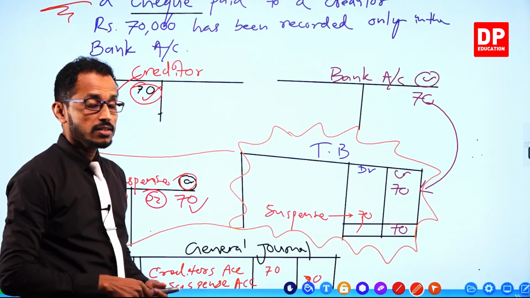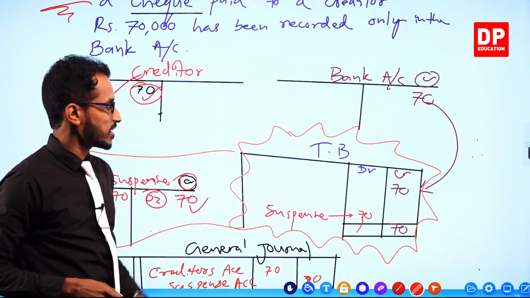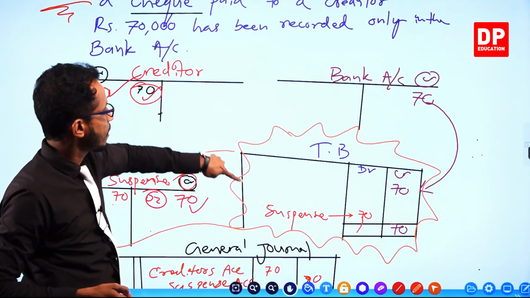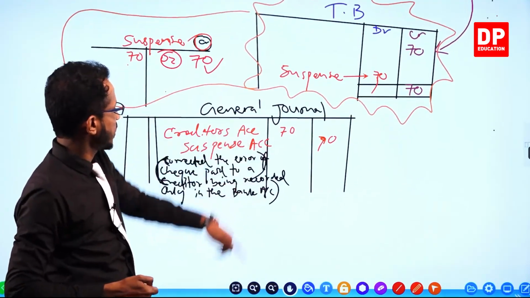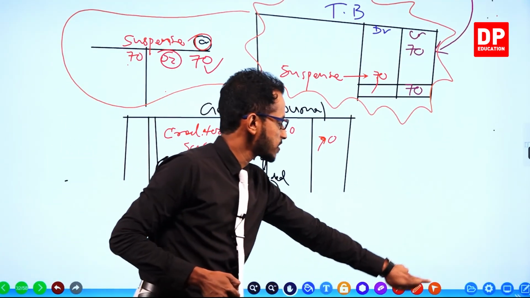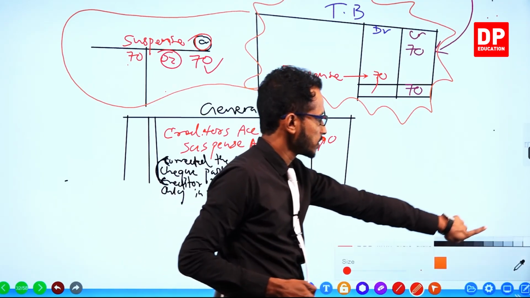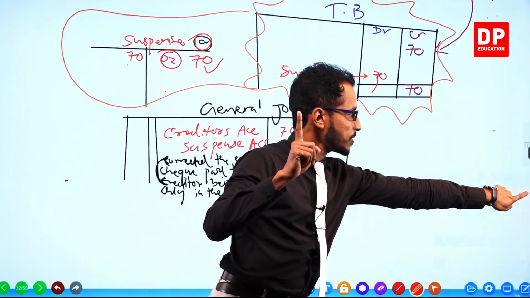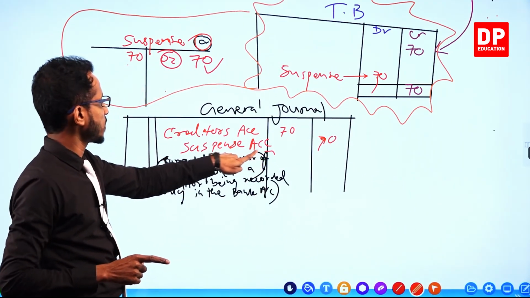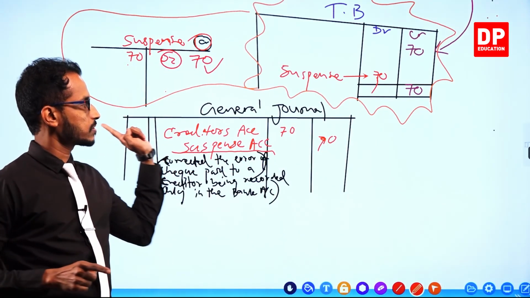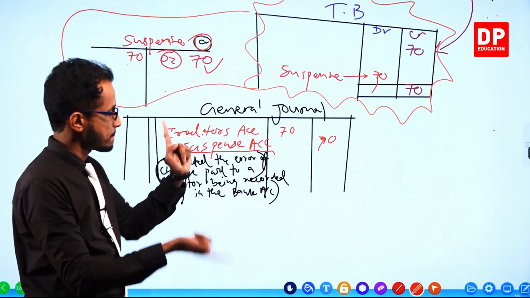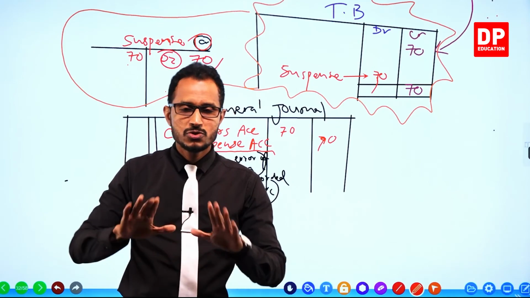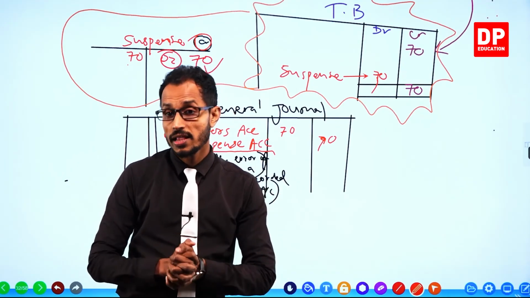So when you correct those errors which created the shortage, they must have one entry going to the suspense account.